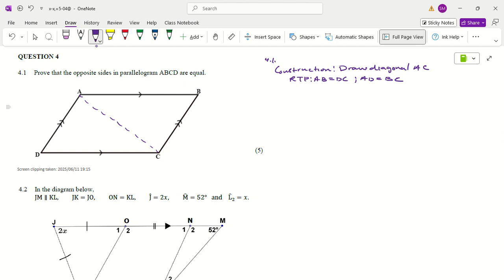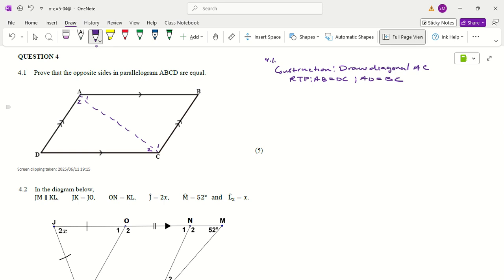Because we've drawn a diagram here, we've created two angles at angle A. So this will be A1, and then this will be A2, and then also we've created C1 and C2 over here.